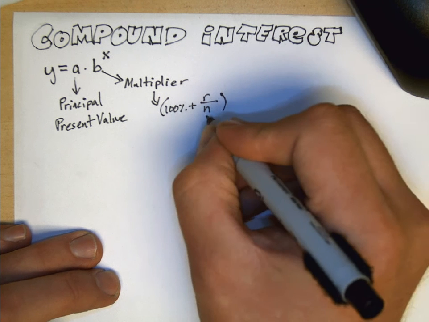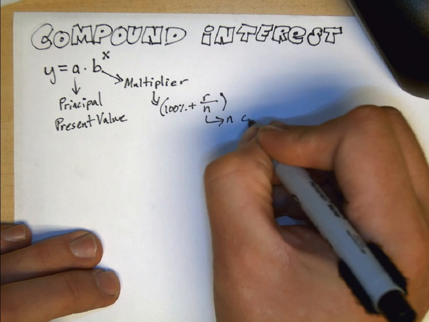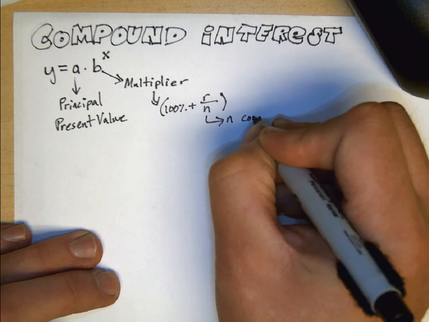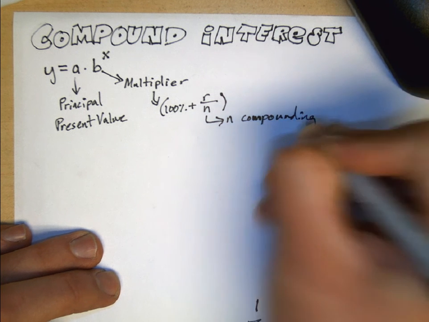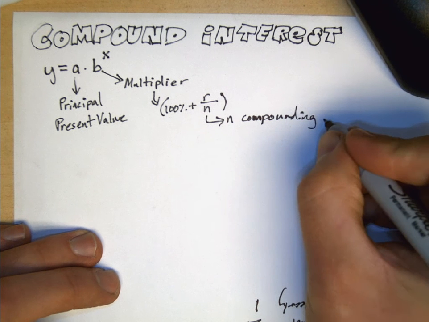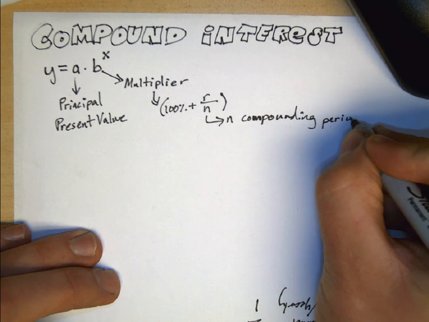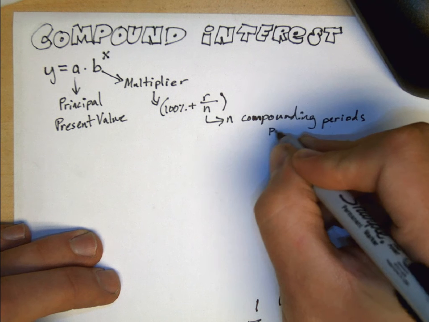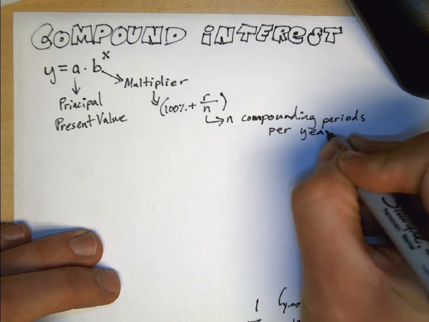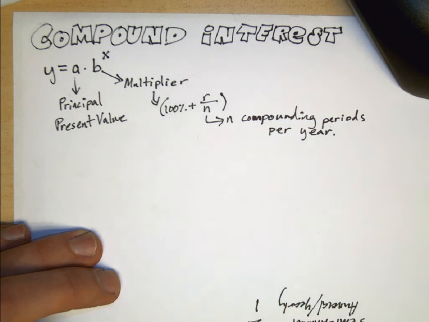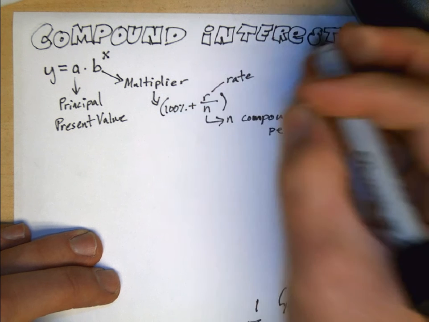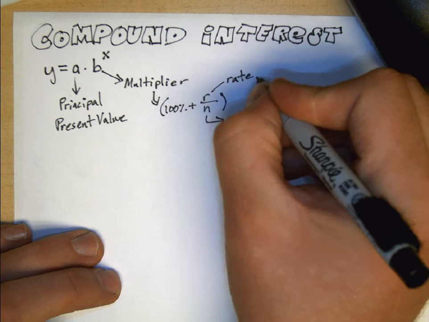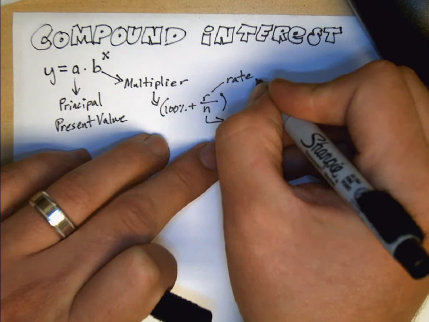So again, n is just compounding periods per year. R is our rate. That's actually a rate, but it's like an APR.